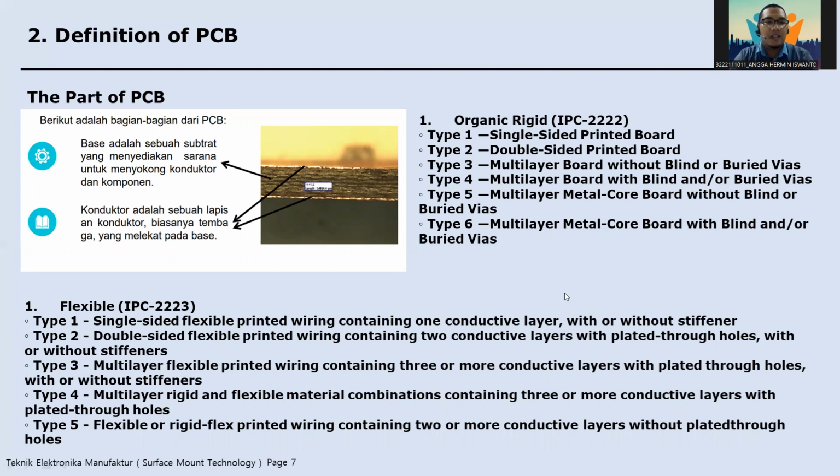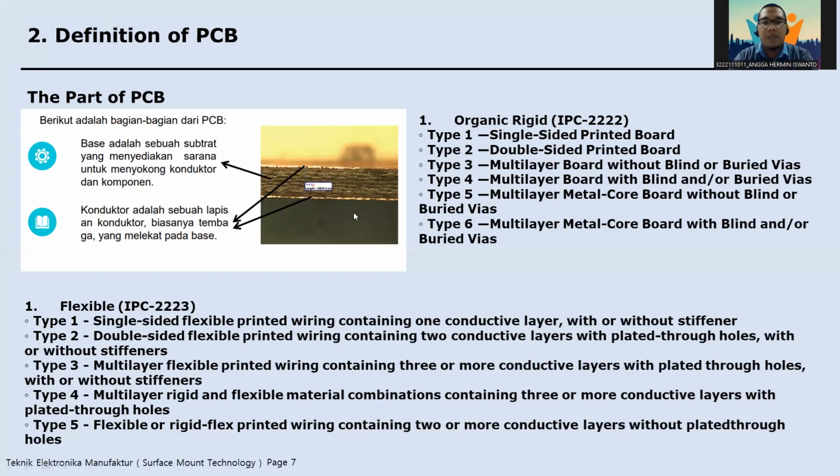The first is the substrate, which supports the copper on top and bottom. This picture is a double layer. As you can see, the arrow on the top shows the copper, and the bottom also has copper. This is the conductor.